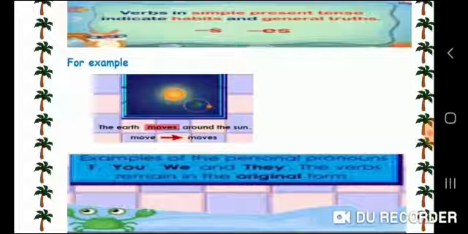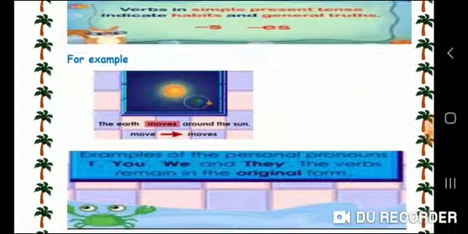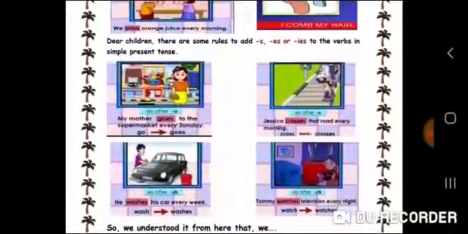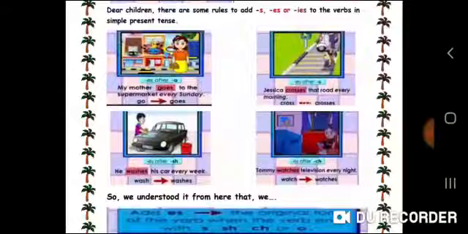The fact here is also subject-verb agreement. If you look at this example clearly, the earth is singular, which is why the verb takes moves. Now we need to understand where we use s, es and ies with the present simple tense of verbs. Look at these examples. My mother goes to the supermarket every Sunday. Jessica crosses that road every morning.